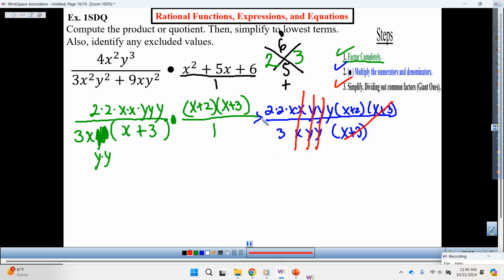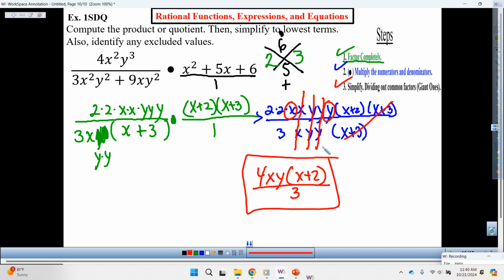So what does that leave us in the numerator? 4xy, parentheses, x plus 2 over 3. From 1 to 5, am I comfortable with that? 4, 5, 4, 5, okay. 3's, 3.5, okay. And so on and so forth.